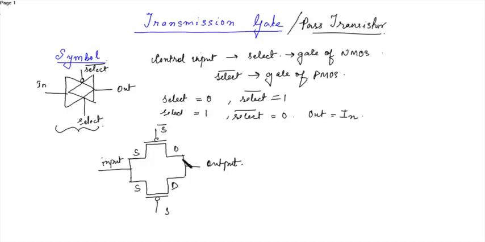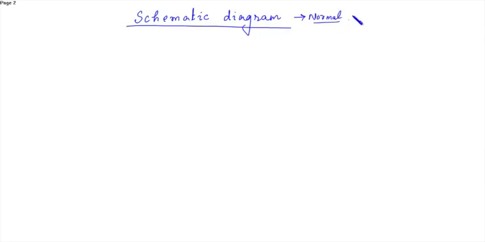So the schematic diagram is not complete because here's the select line and here's the select bar. So you have to draw a schematic diagram for the inverter. So let's see the schematic diagram of a transmission gate. This is the normal schematic.